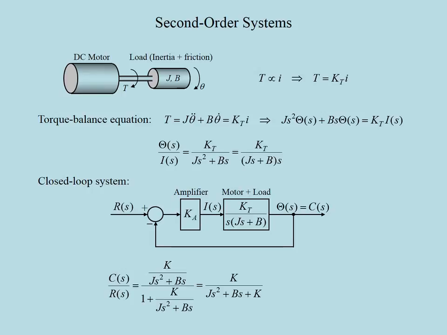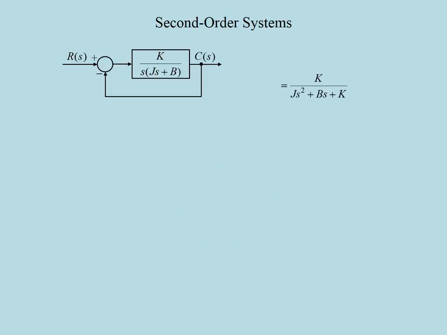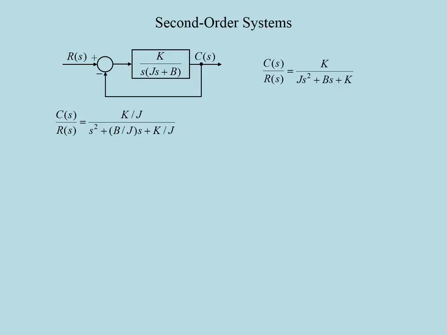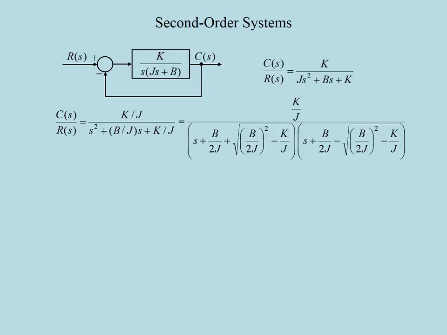Of course, here k is the product of the amplifier gain k sub a and the motor constant k sub t. Let us divide the numerator and the denominator by J so that we have a monic denominator. Then we can use the quadratic formula to factorize this denominator.